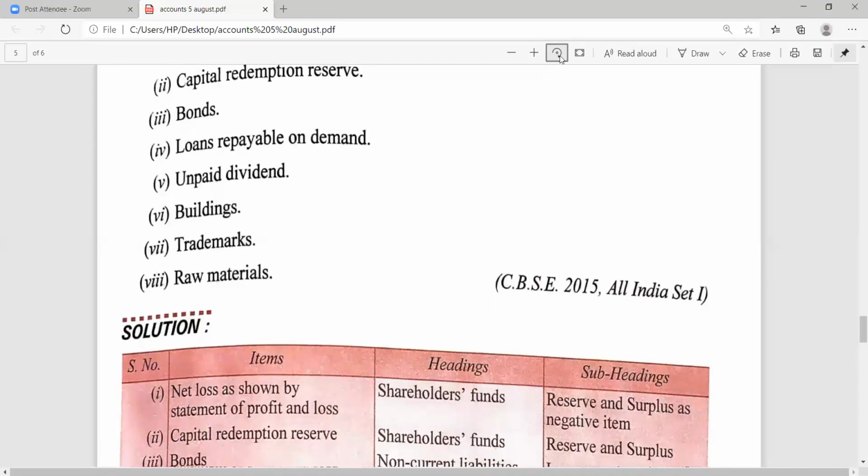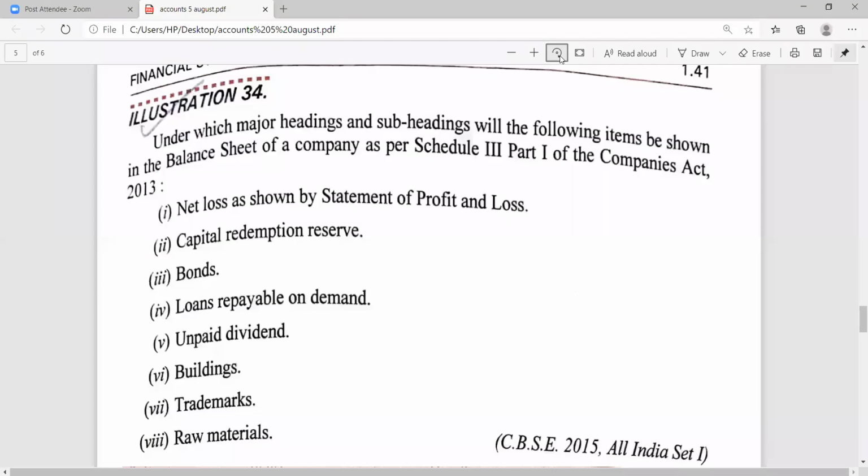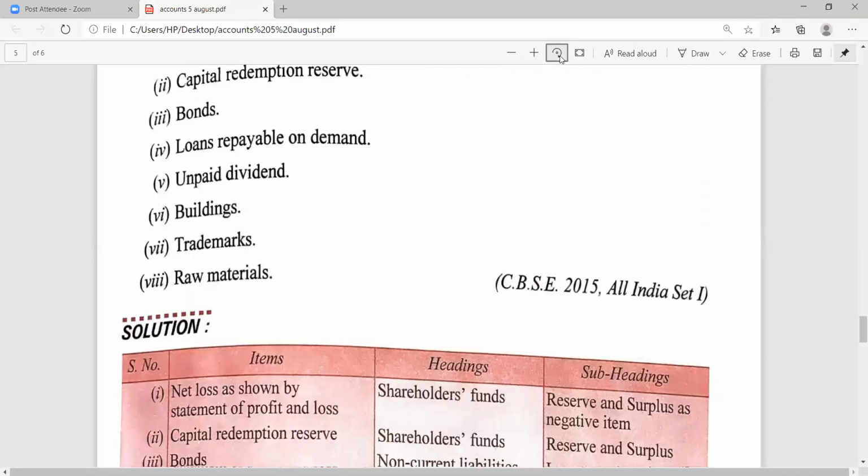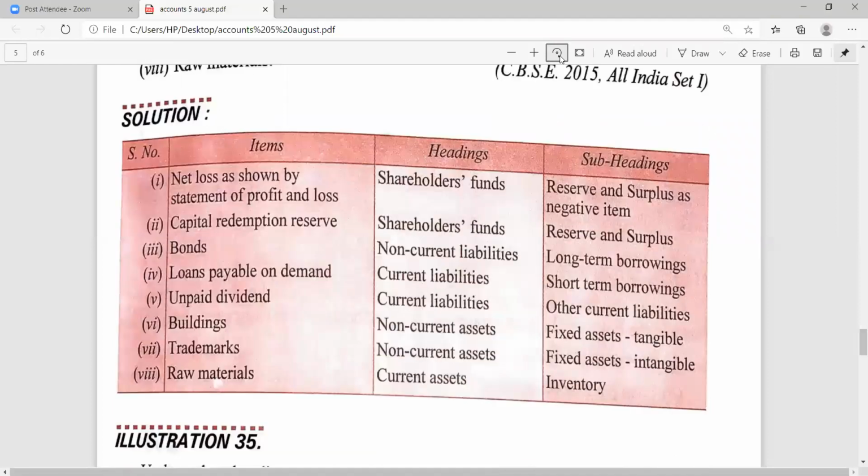We have to explain under which headings and subheadings these items are to be shown. So how are these items to be shown? The net loss shown by the statement of profit and loss is always shown under the heading of shareholders' fund, under the subheading of reserves and surplus, as a negative item.